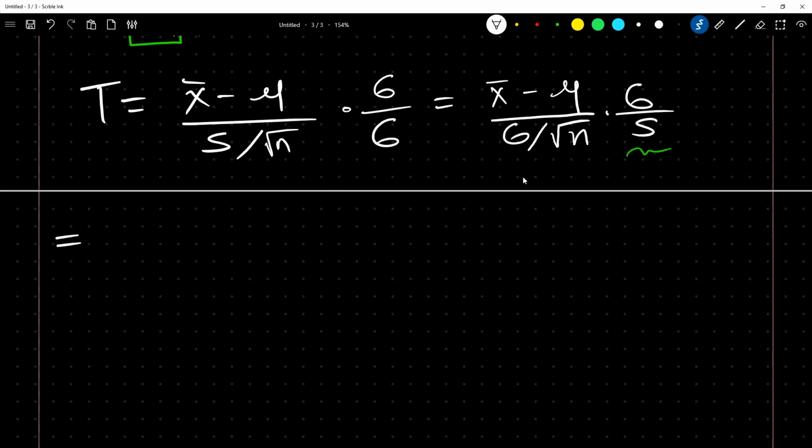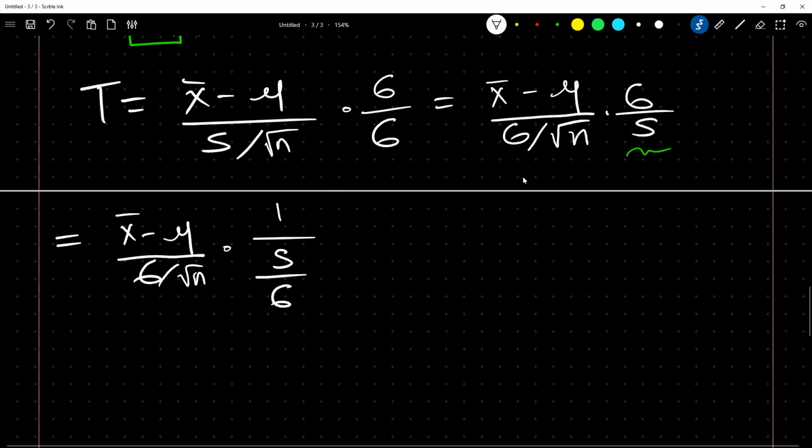So I'm going to get x bar minus mu divided by sigma divided by square root of n, and then I'm going to multiply that by 1 over s divided by sigma. Now, if you don't believe that this and this are equivalent, just do a little bit of algebra to convince yourself.